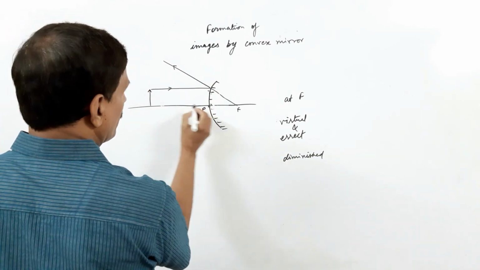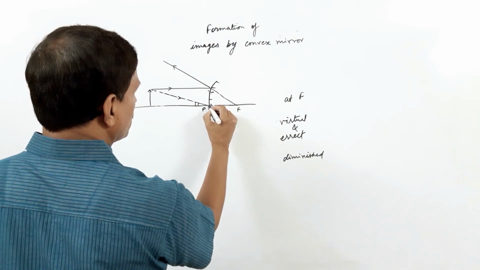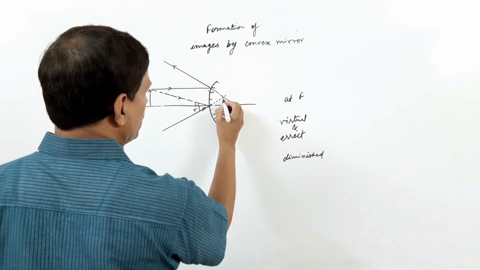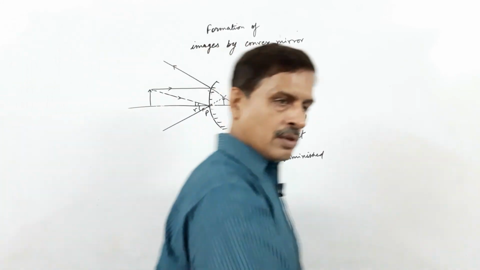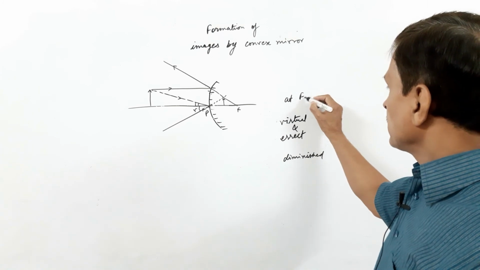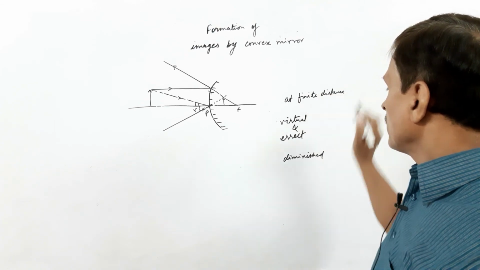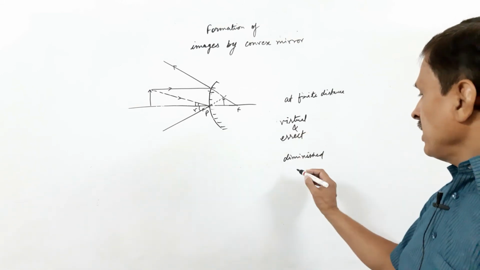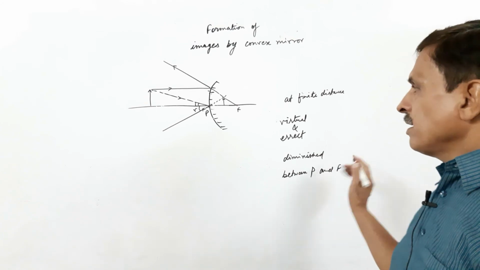Second ray incident at an angle I is reflected back at angle R such that I is equal to R. When the path is produced, these intersect at a point between P and F. In the second case, at finite distance, the image is virtual and erect, it is diminished and it is between P and F.